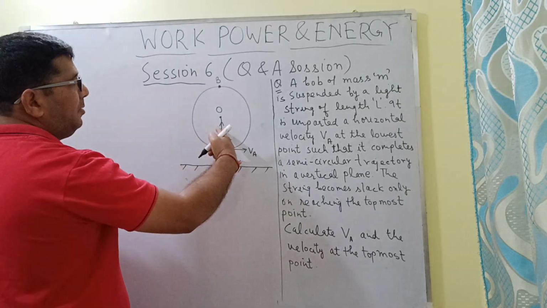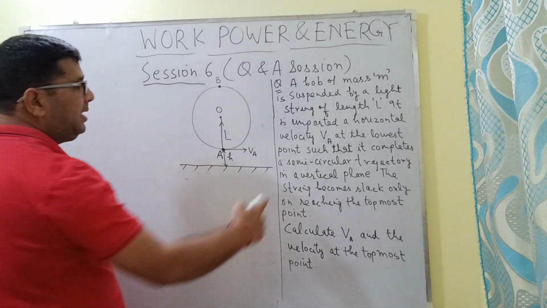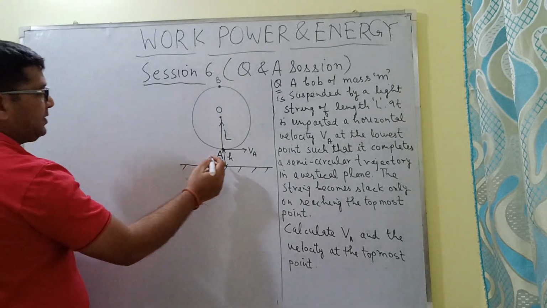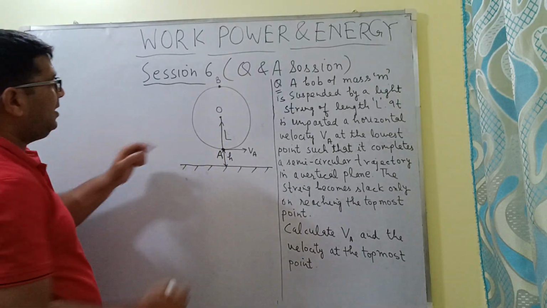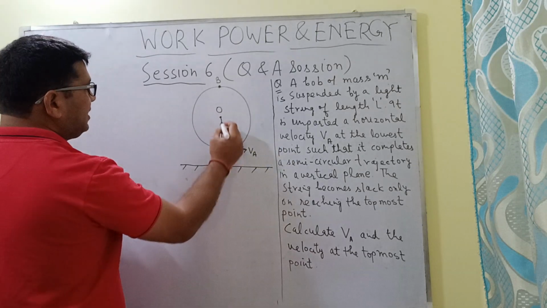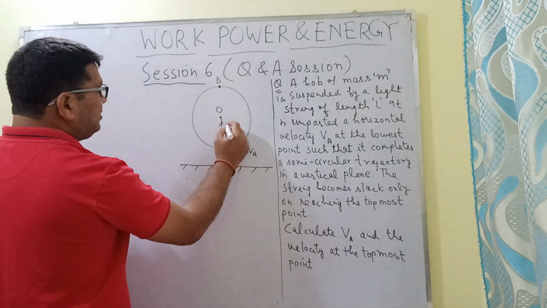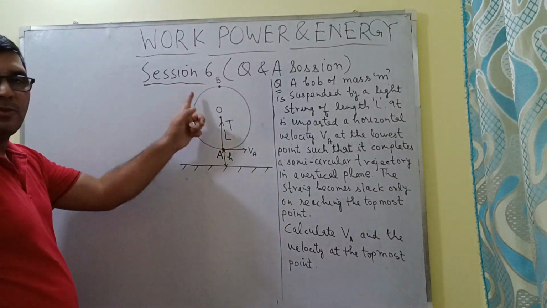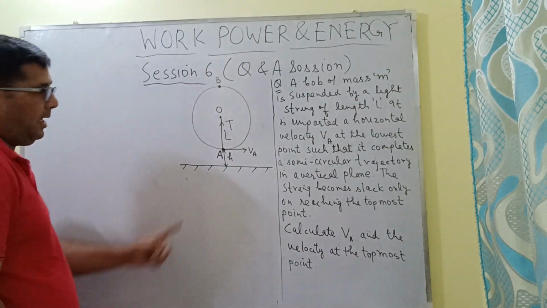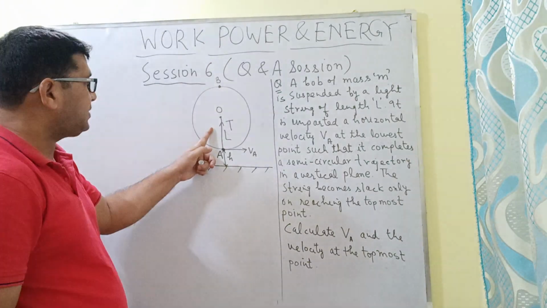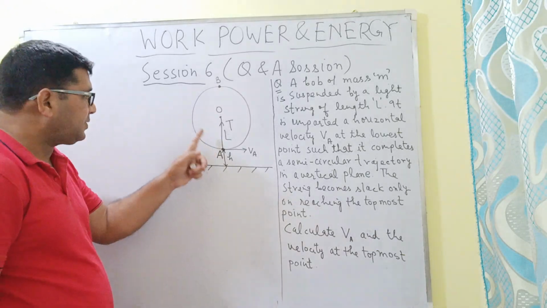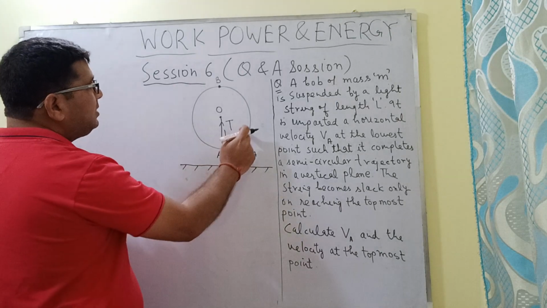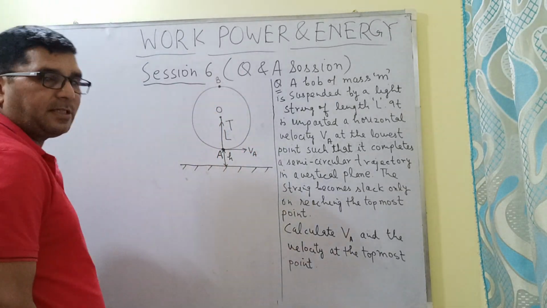if this bob is able to make a semicircular trajectory in a vertical plane, then we can say that, see here, this is a string, that is OA is the string. So this tension will be acting in this direction, that is in the upward direction, and this tension in the string will provide the necessary centripetal force to this bob in order to complete this semicircular trajectory.